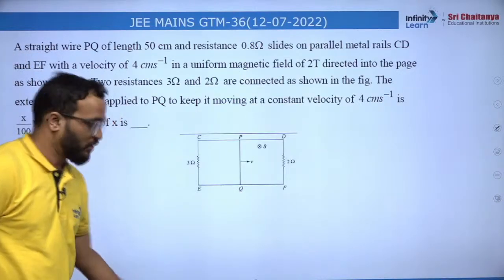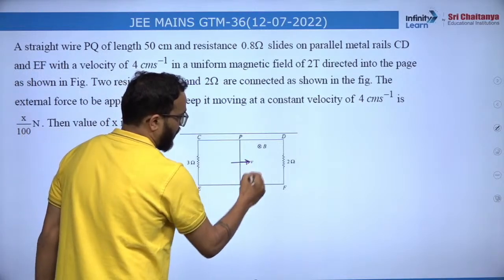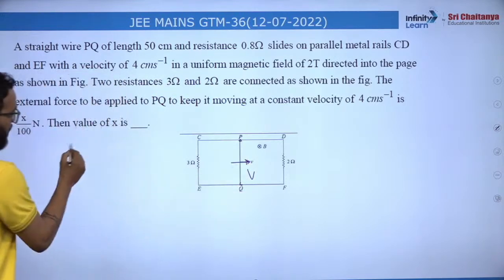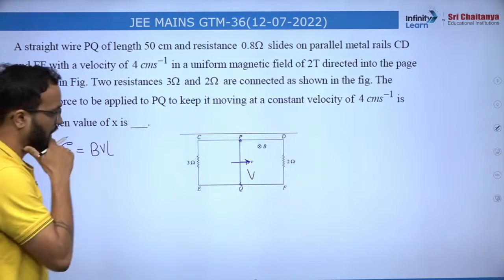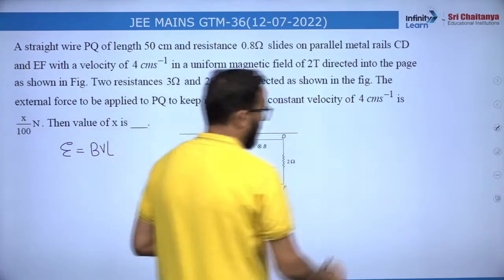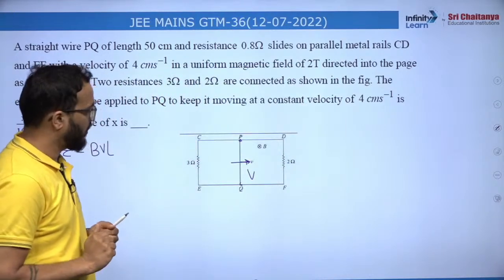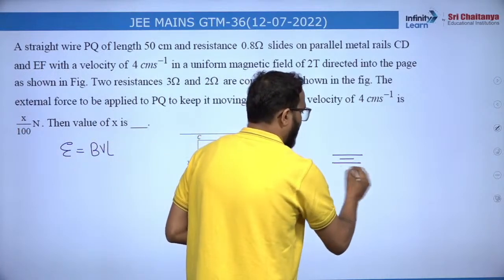This question also is a very, very good question. Here it is said that this is moving with a velocity v. So what is the EMF induced in it? You will say, sir, EMF induced is BVL. Fantastic. What will be the circuit? Let's draw the circuit first of all. V cross B. So the EMF induced will be like this.